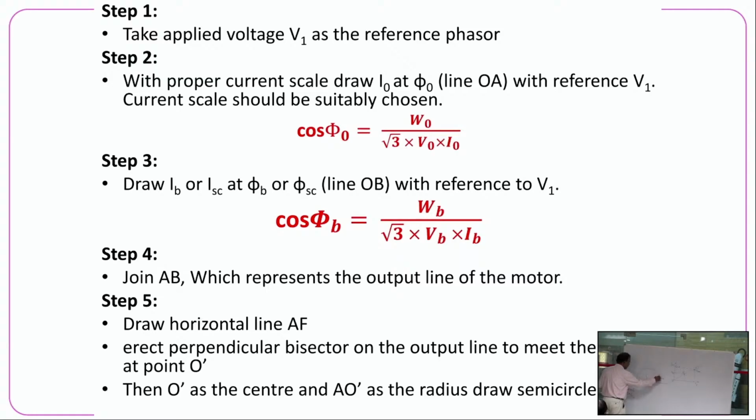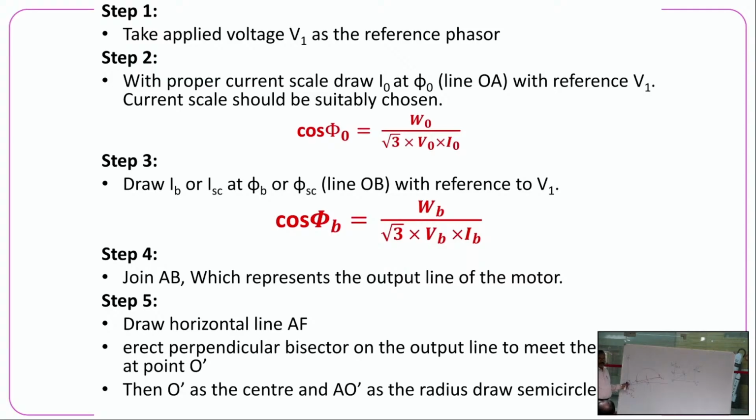I will draw it again. Actually, one thing. Angle phi SC will be less than phi 0. If the angle phi is 0, the power factor is 1. If the power factor is 0, then the angle is 90 degrees. So the short circuit power factor is better, more than the no load power factor.